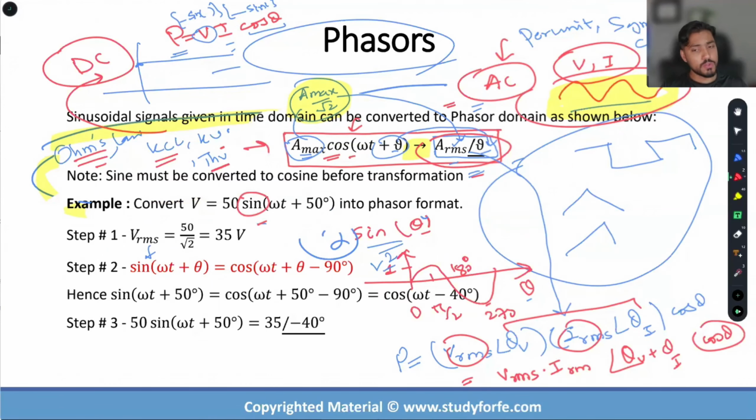You can see that I took a cosine and then simply extracted the angle theta out of it and treated that as a phase angle, right? But what if it's not cosine? What if it is a sine? What are you going to do? If it is a sine, then you actually have to go through an additional step of transformation and convert the sine into a cosine by shifting it back by 90 degrees.